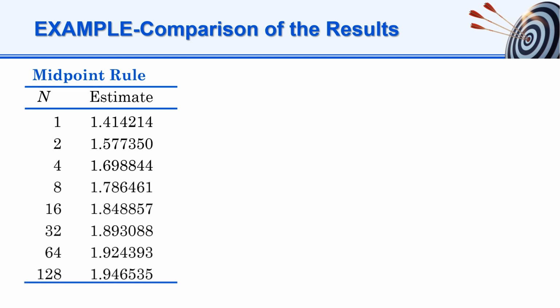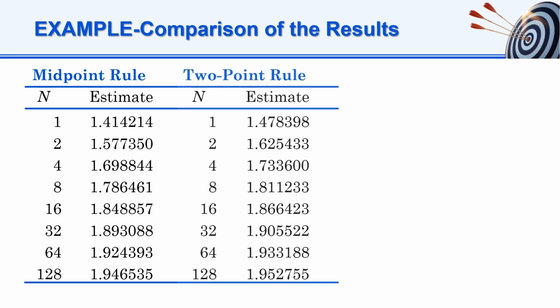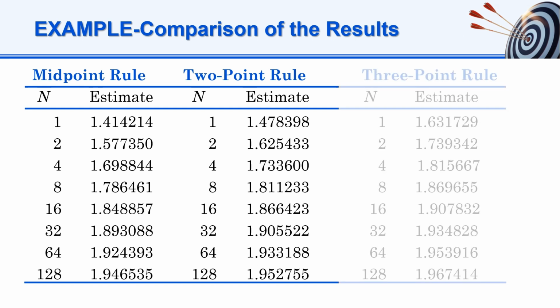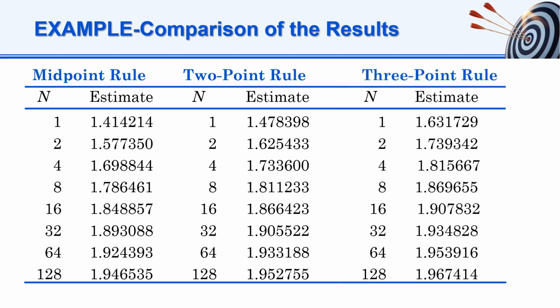When the 2-point rule is applied, the resulting estimates show improvement, but at the cost of doubling the function evaluations. When the 3-point rule is used, the estimates also improve. This improvement is significant for a small number of subregions. This rule is a bit costly as it requires 3 function evaluations per subregion.